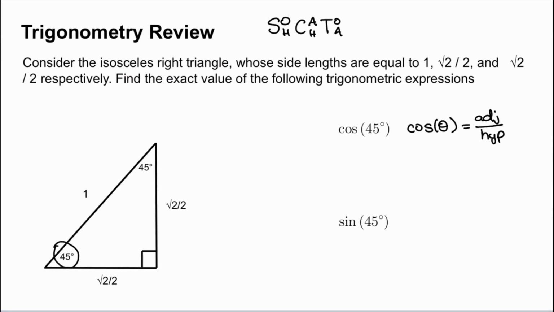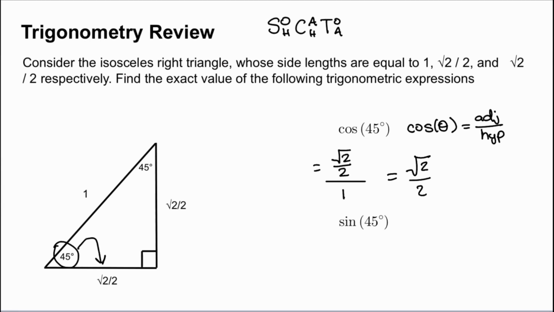So adjacent just means what is the side length adjacent to this angle? What is the side length right next to the angle, if you will? So that is the square root of 2 over 2 right here. So this is equal to the square root of 2 over 2, and this is all over our hypotenuse, which is 1. So the square root of 2 over 2 over 1, and that's simply just the square root of 2 over 2.